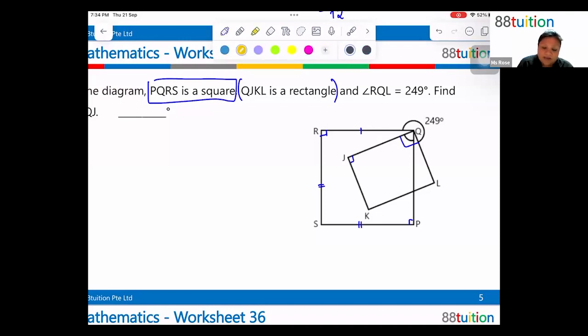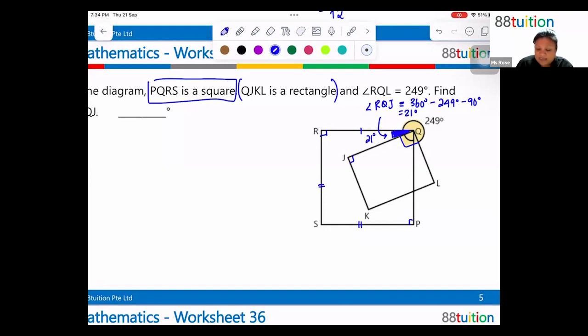So if I take the angle to be this all the way, 249 plus 90. So that leaves me with this small part here, which is angle RQJ. RQJ, which is, I'm going to shade it. Okay, RQJ, 360 degrees minus 249 and 90 to give me 21 degrees.